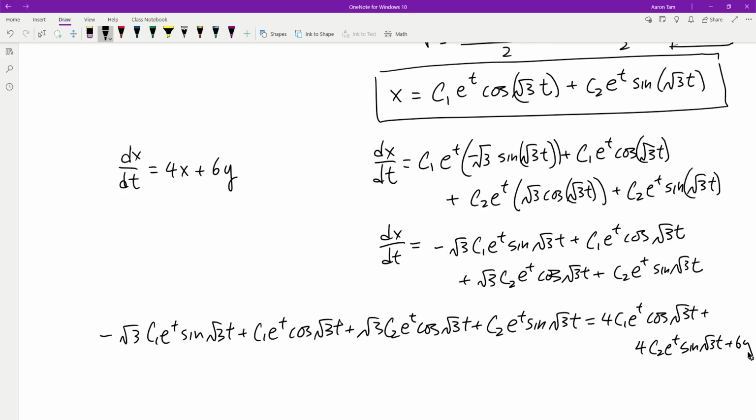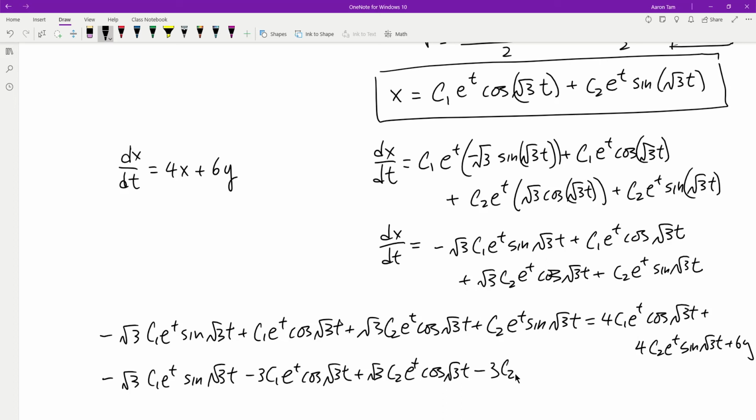What I'm going to do is simply subtract this to the other side. So c1 e^t would combine with this term right here, and we get negative radical 3 c1 e^t sine radical 3t minus 3 c1 e^t cosine radical 3t, plus radical 3 c2 e^t cosine radical 3t, minus 3 c2 e^t sine radical 3t, equal to 6y.